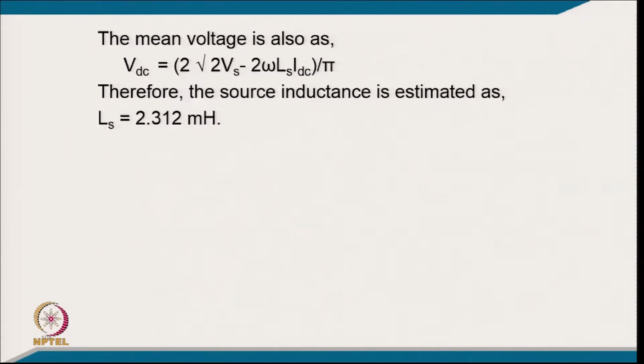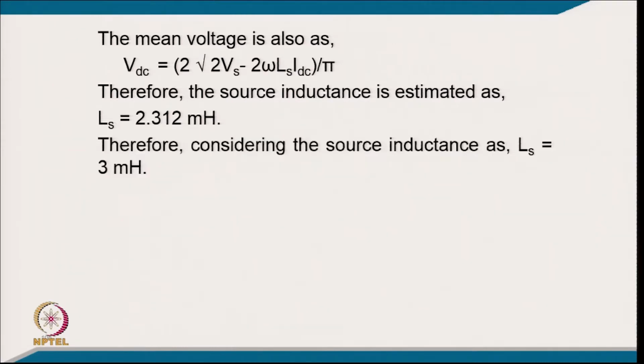And the mean voltage is also VDC equal to 2 root 2 Vs minus 2 omega Ls IDC by pi, and therefore the source inductance is estimated from this relation, Ls equal to 2.312 millihenry for that overlap angle which is given.